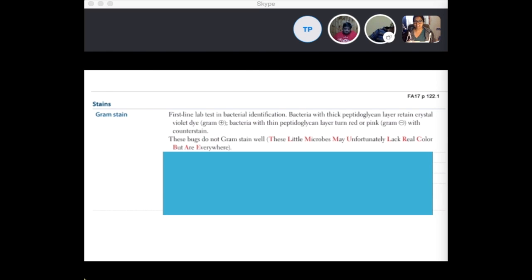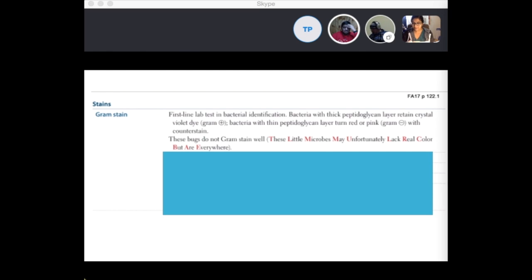If it has a thin peptidoglycan layer, it will turn red or pink, which is identified as gram negative. Now there are some bugs that do not gram stain very well, and I left a little clue up there to see if you can name them.